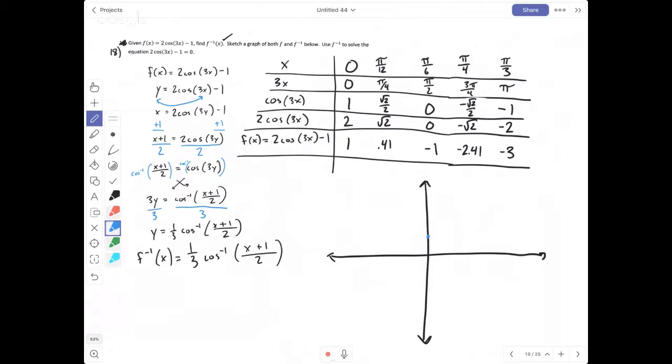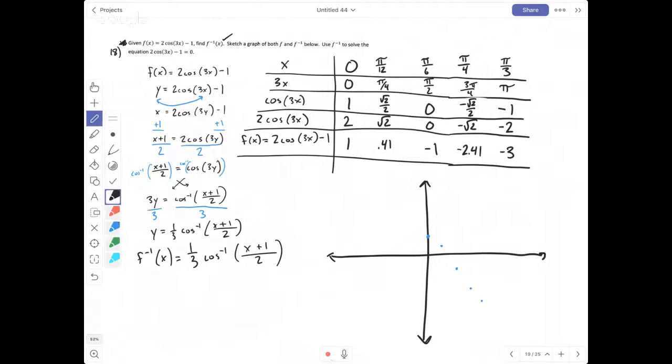And pi over 12, 0.41. And pi over 6, negative 1. And negative 2.41. And negative 3.